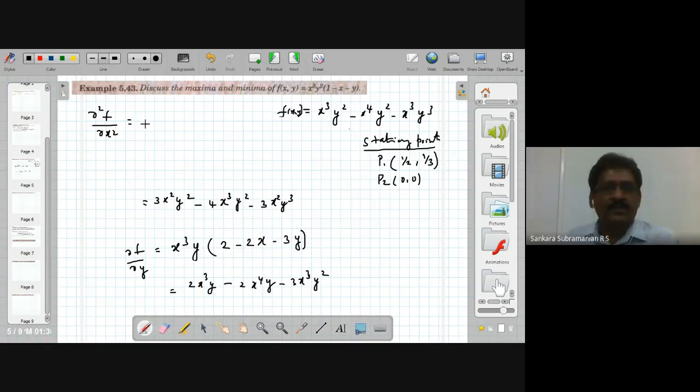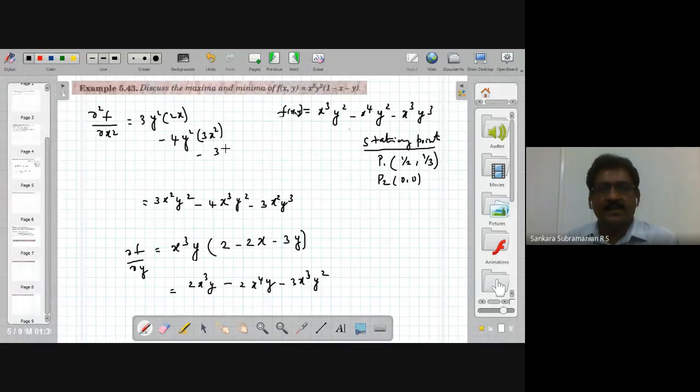So what is dou square f by dou x square now? 3 is constant, y square is constant. Differentiating x square, you get 2x. Again, minus 4 times y square is constant, and differentiating x cube with respect to x, you get 3x square.